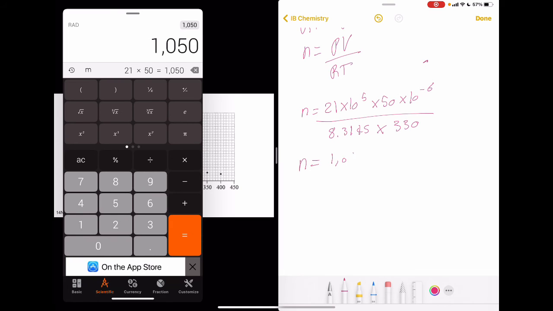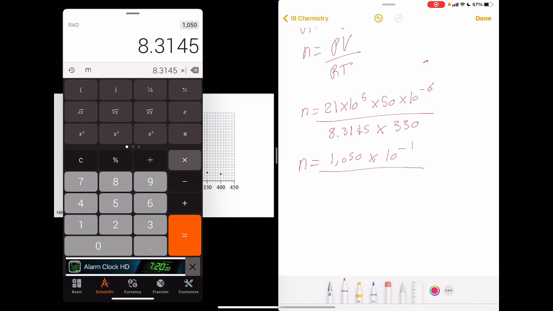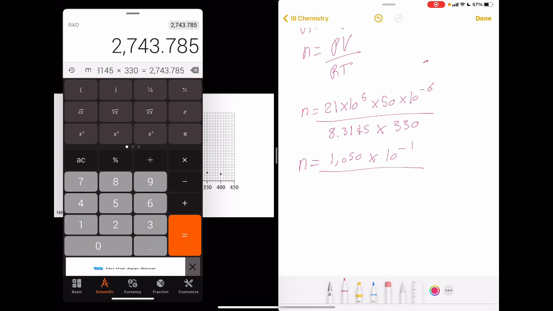So 1050, and then times, when you multiply exponents you add them, so 5 plus negative 6 is 5 minus 6, which means times 10 to the power of negative 1, and then over 8.3145 times 330, which would equal 2743.785.